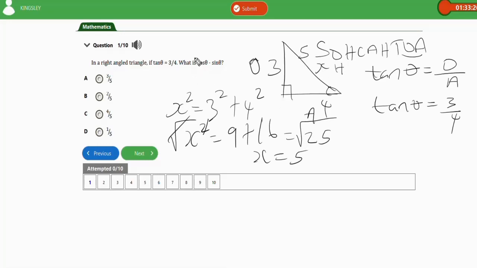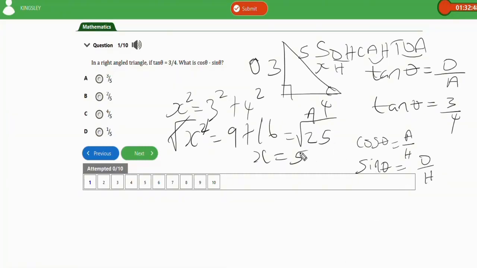So from this we can now simplify what is cos theta minus sine theta. From SOHCAHTOA, our cos theta will be adjacent over hypotenuse, and our sine theta will be opposite over hypotenuse.